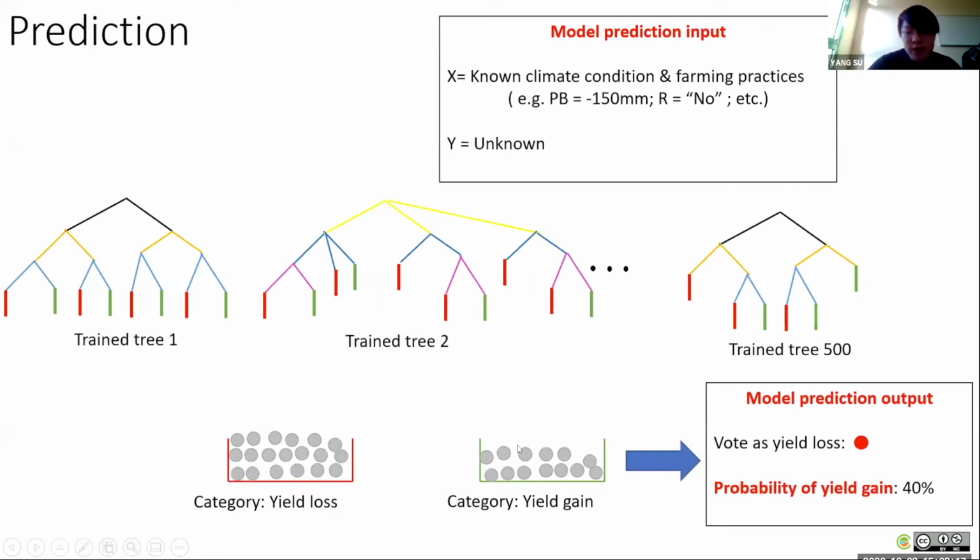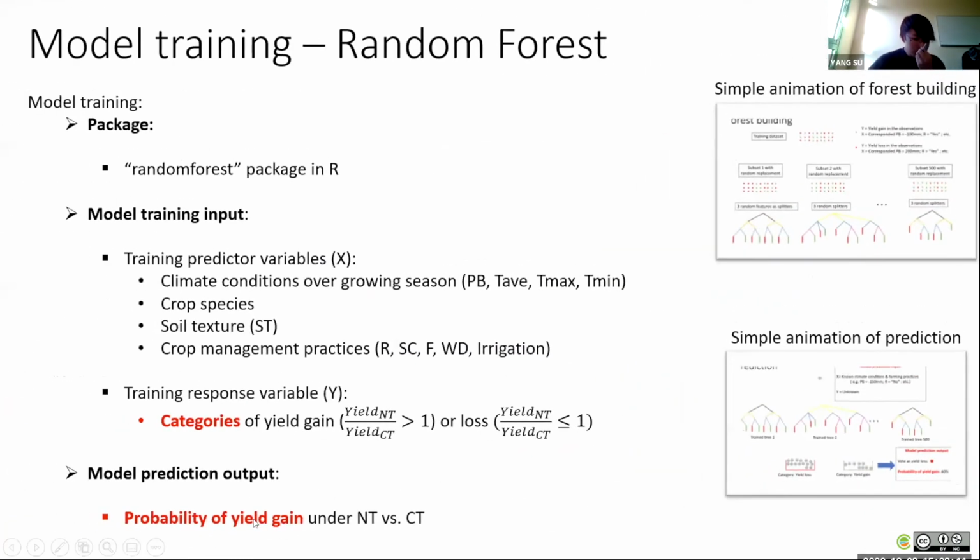And if we vote based on the number inside each category, here it will give us a vote of yield loss because it has more numbers. But if you count the number of yield gain over the total number, it will give us a probability of yield gain. Here it is 40%. So that's why in our model output we have the probability of yield gain.